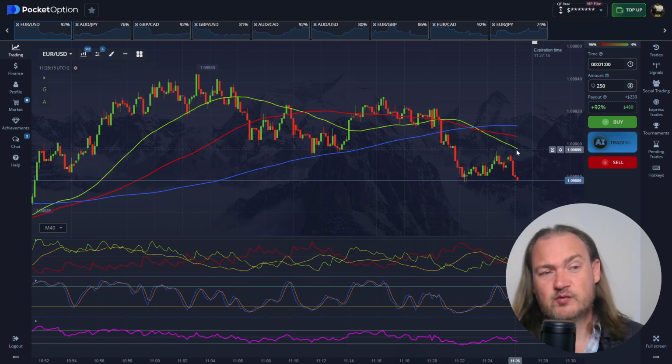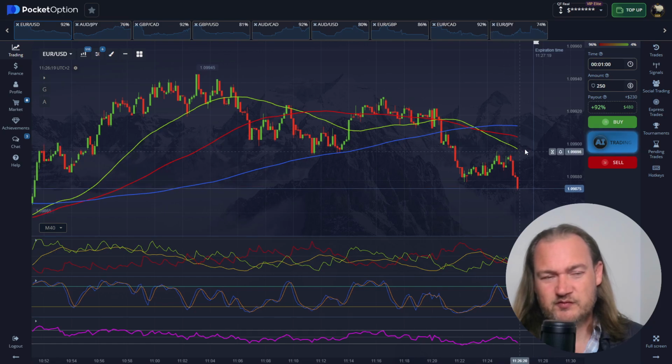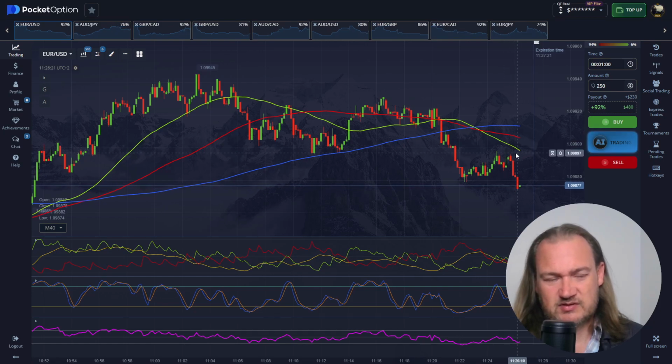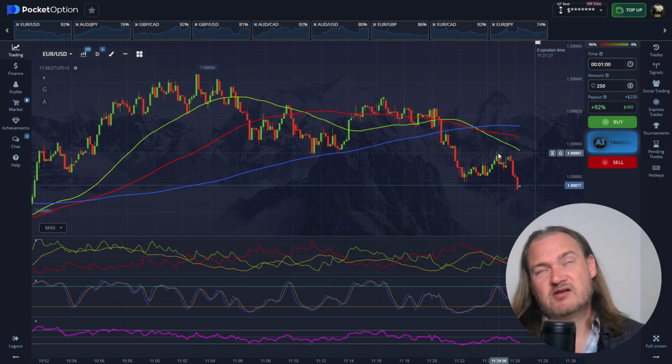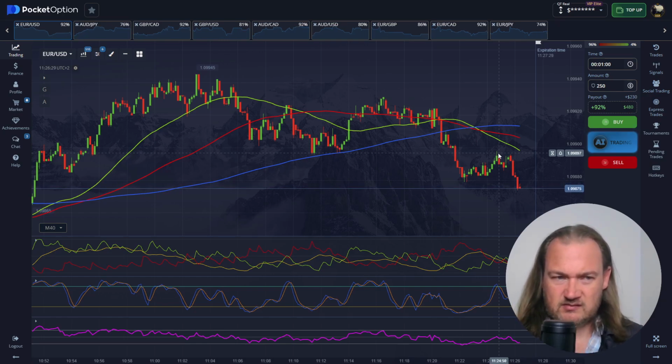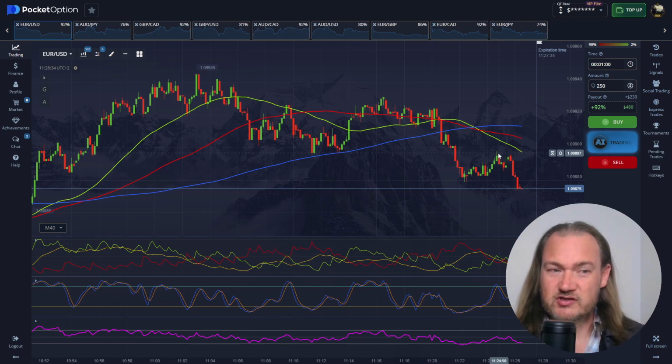But it did form. Price was hitting that area there while the moving average was really close to it as well. And these are the things you need to look out for. You will only get this with a little bit of experience, but you need to learn to look for it.